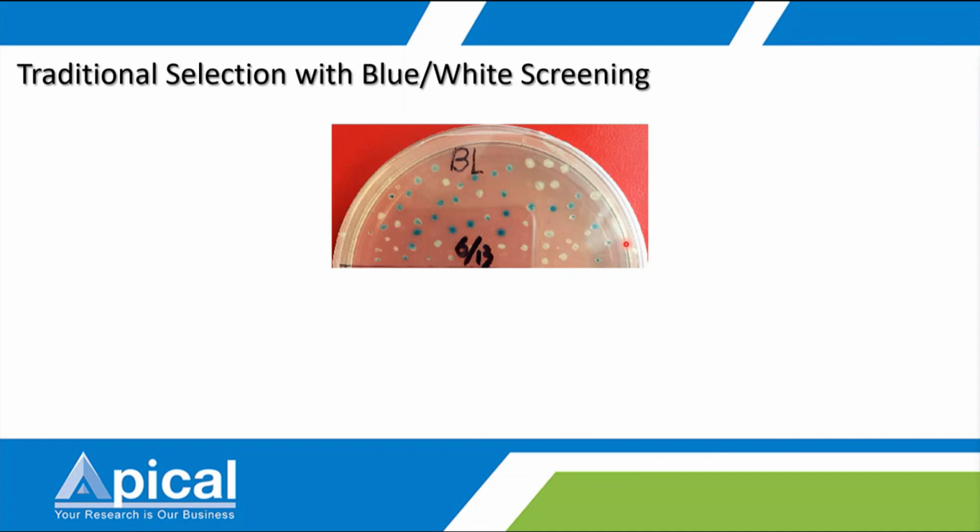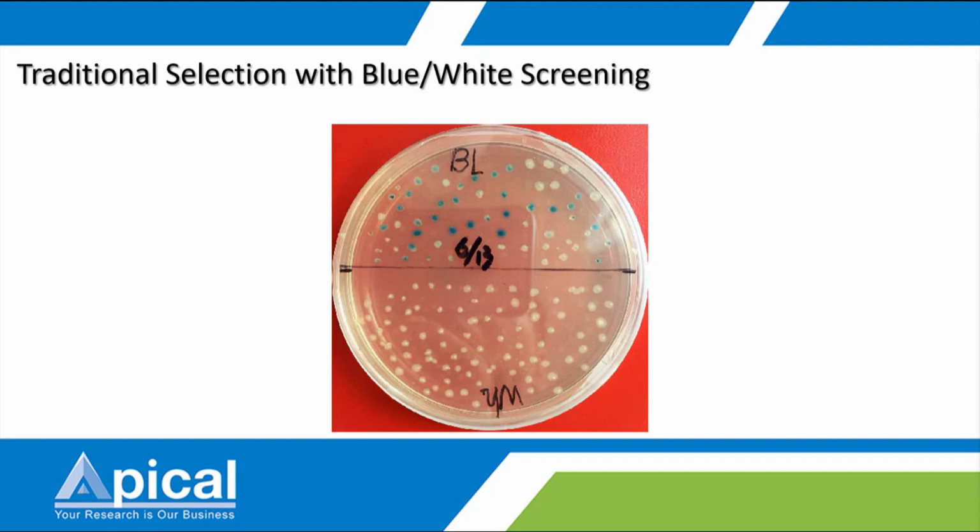When I show you the other side of the half plate, actually this half is the white colonies that have the insert, and this part is blue colonies that do not have the insert. Sometimes a blue colony can also look like a white colony, so it is quite difficult to differentiate. This is the problem of blue-white screening.